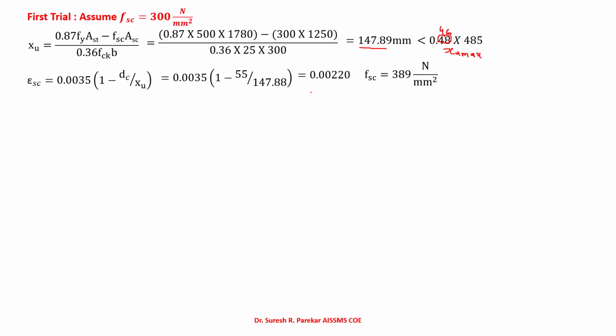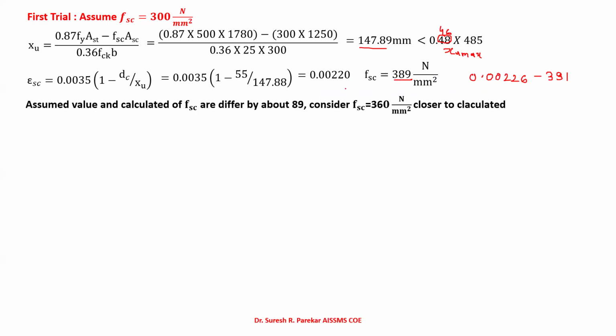So if we go to the IS, then for 0.00226, the value given is 391. Now I will not calculate for 0.00220. So I have considered a value close to it, 389. Someone can calculate and take it, or anyone can calculate 390. So because 20 and 26 are close, I will go with 389.